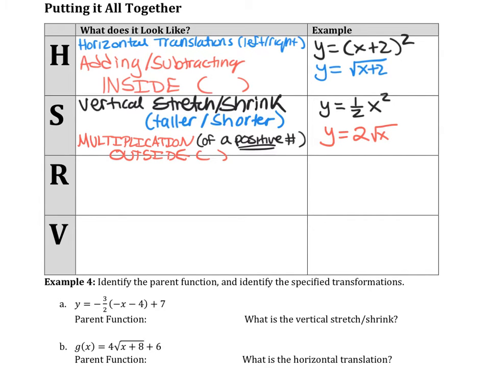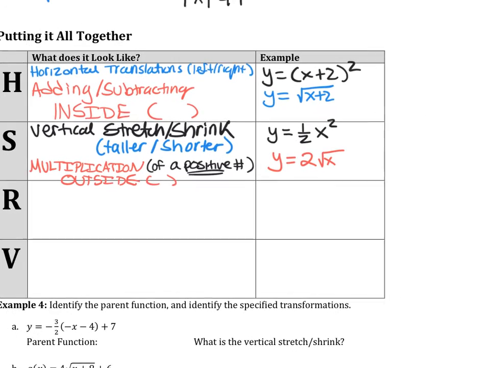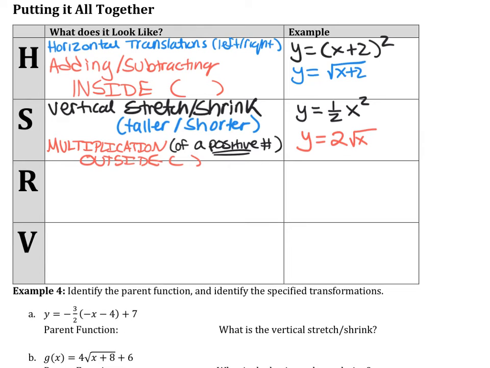That 2 is outside of the square root symbol. And when we multiply by a number less than 1, that's a shrink. When we multiply by a number greater than 1, that's a stretch.